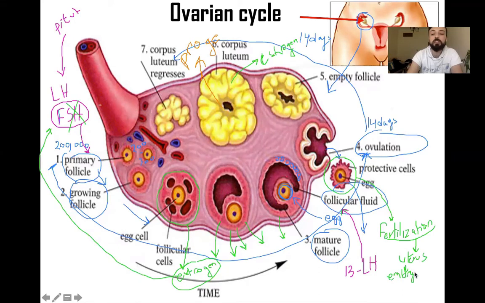The first structure that's formed in the embryo is what we call the placenta. Later we'll study the placenta in detail. The placenta is the tissue that will start producing what? Hormones, estrogen and progesterone.